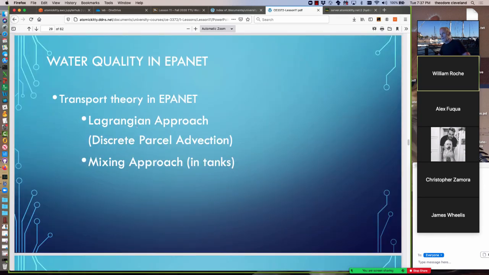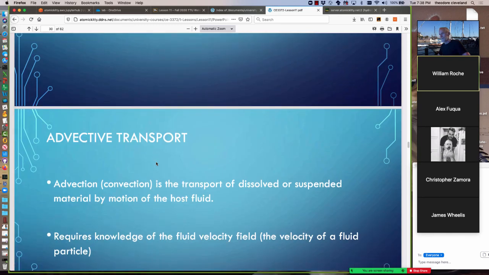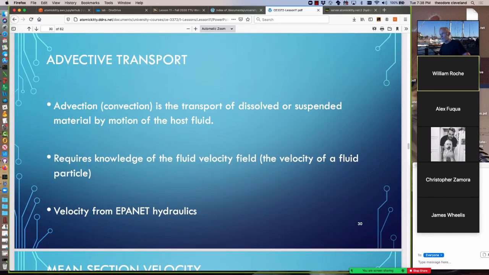It uses a Lagrangian approach for transport and various mixing approaches in tanks. And the transport that it simulates is advection only, which is transport of dissolved or suspended material by motion of the host fluid.